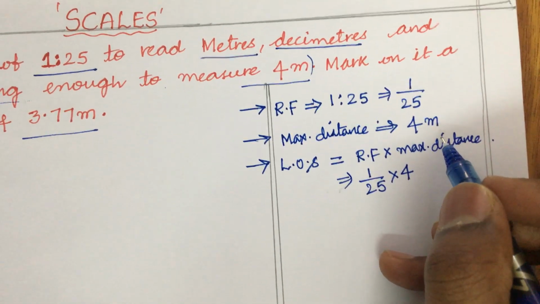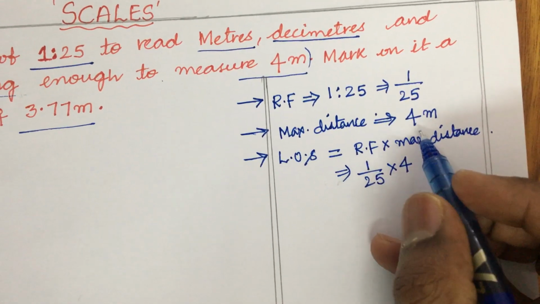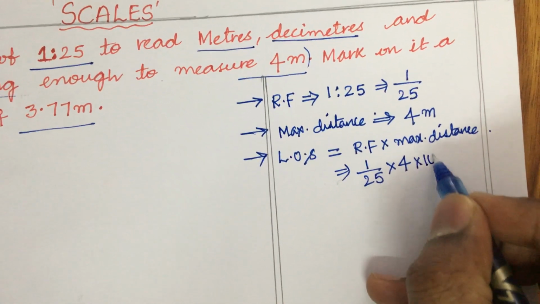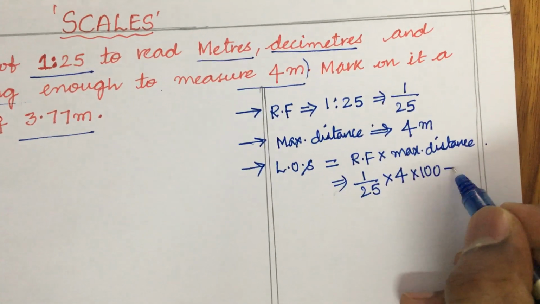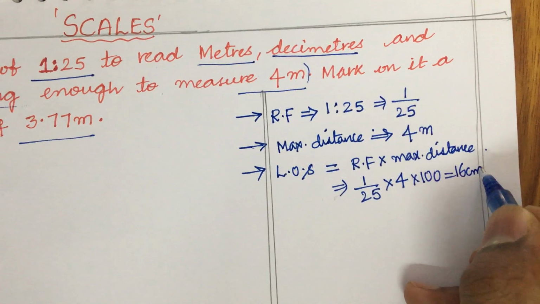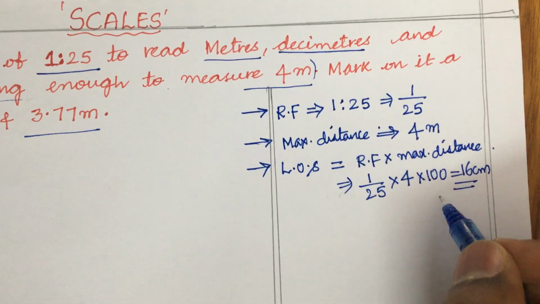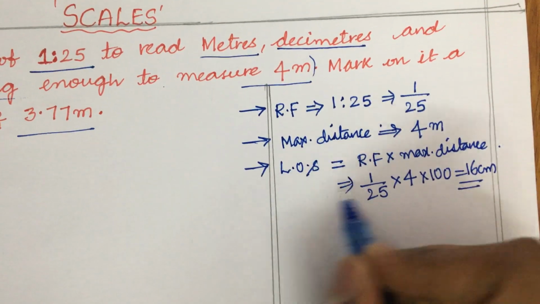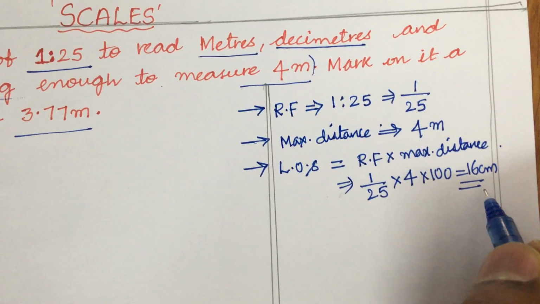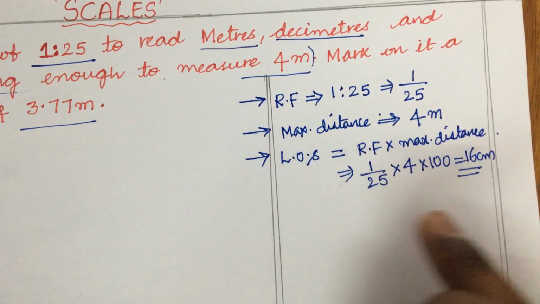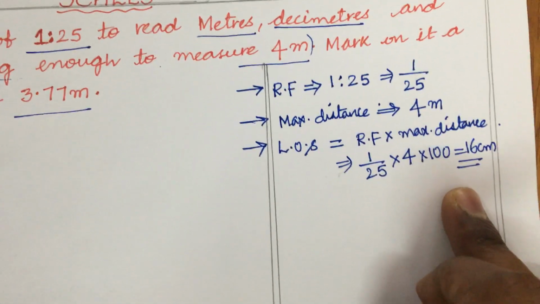As my scale is in centimeter or millimeter, I need to convert the 4 meter into centimeter, so I multiply by 100, and upon calculation it is found to be 16 centimeter, dear students. This is how you work out the length of the scale. Taking the length of the scale as 16 centimeter, on our drafter I can plot a 16 centimeter line.